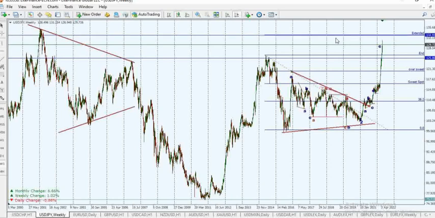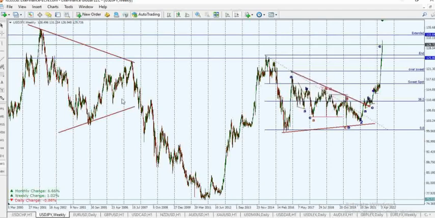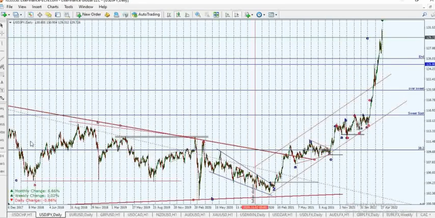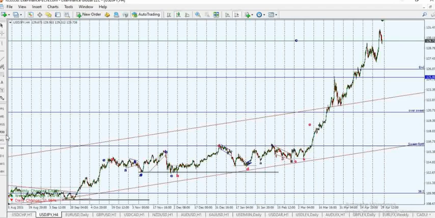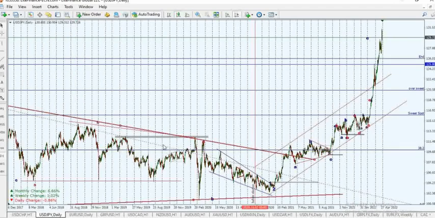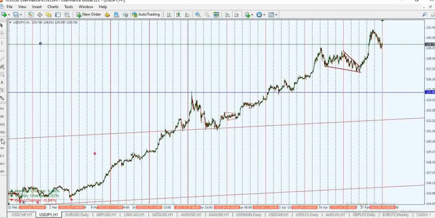When we hit the 127, I think price could still continue upside. There's a whole lot of possibilities. I don't know, but there's a whole lot of possibility that price might still continue upside.